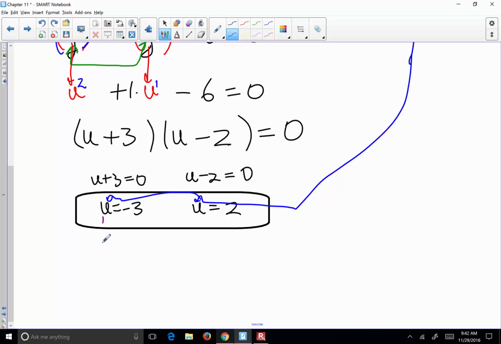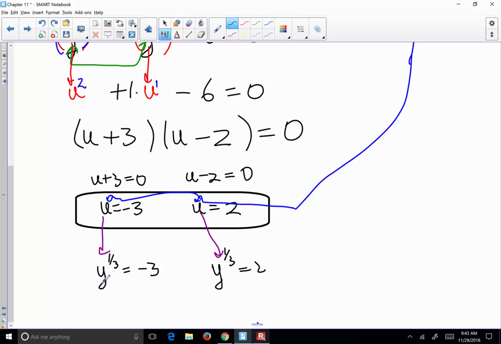So what is u now? When you substitute back, u is y to the 1/3. u is again y to the 1/3. So I'm trying these values. I substituted back. Now we need to get y.